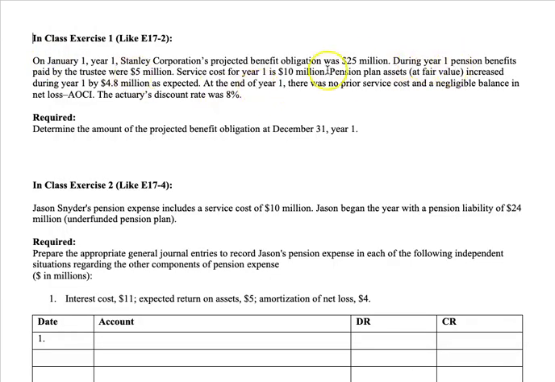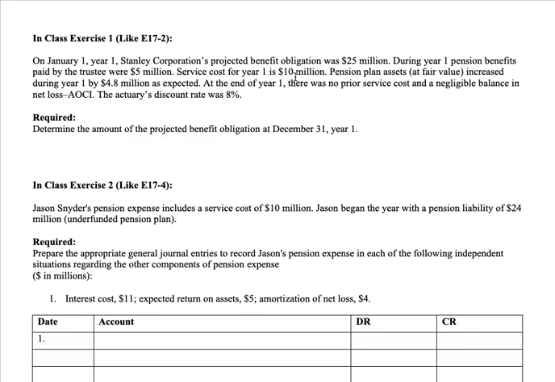During the year one, pension benefits paid by the trustees were $5 million. Service costs for year one was $10 million. Pension plan assets at fair value increased during the year by $4.8 million as expected. At the end of the year, there was no prior service cost and a negligible balance in the net loss AOCI. The actuary's discount rate was 8%.